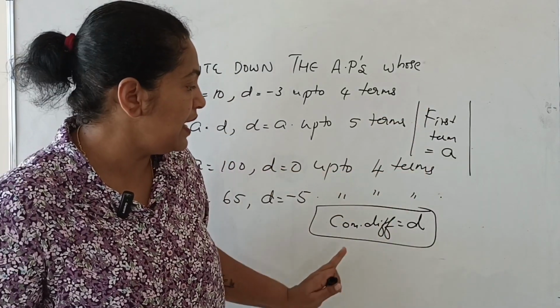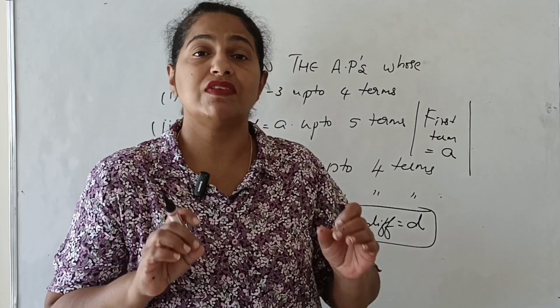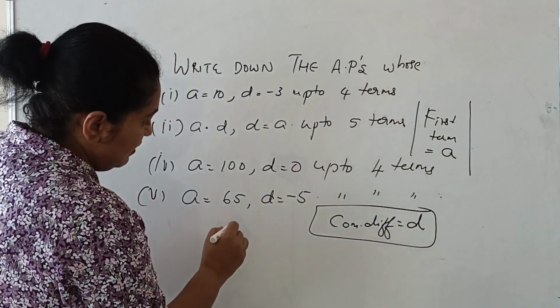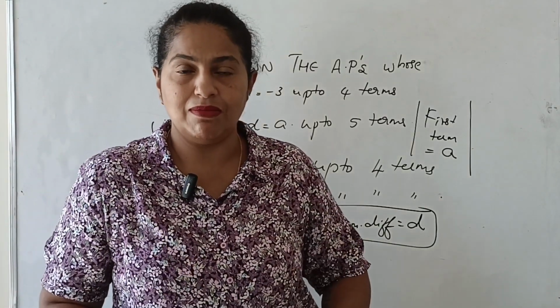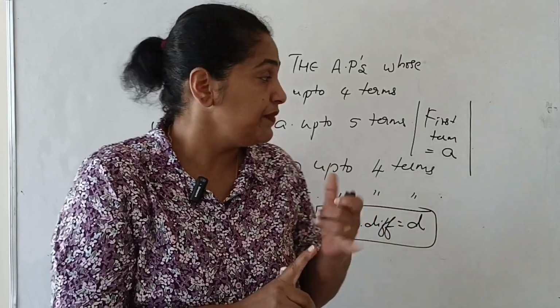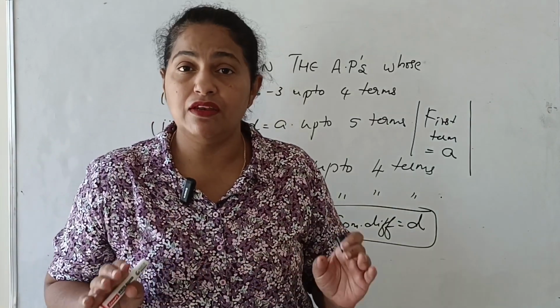So the first term is A and the common difference is D, and it is not just about the question. Even for formula we use A and D, and the number of terms is normally denoted by small letter n. Okay, so these are three variables that you should be familiar with when you are studying this chapter. The first term A, the common difference D, and the number of terms n are the main ones.